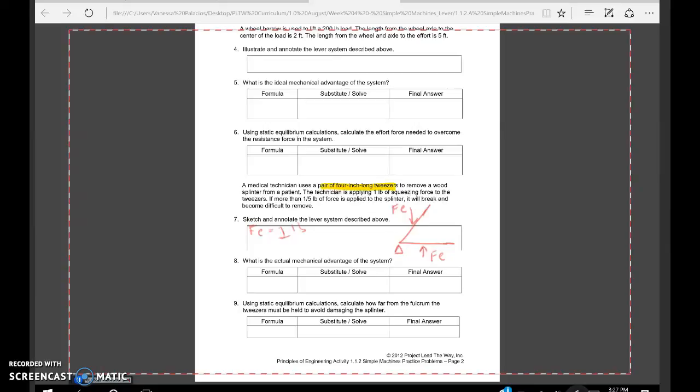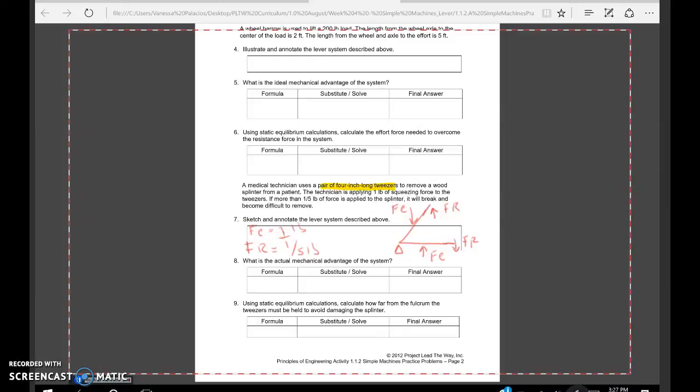Now it says if more than 1/5 pound of force is applied to the splinter, it will break and become more difficult to remove. So if we assume that the splinter is here at the end, then the FR is going in the opposite direction of the FE. So our FR is going to be 1/5 of a pound.